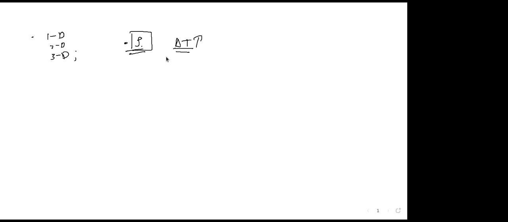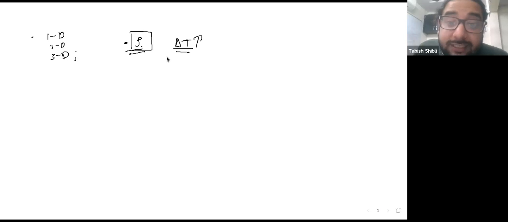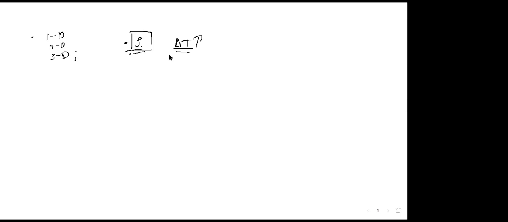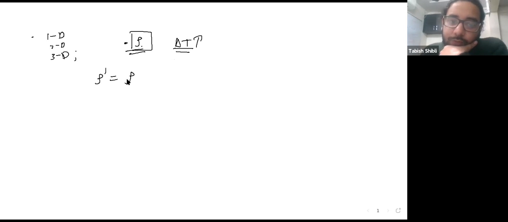So density will decrease. But how? Exact formula. It is m upon v. Absolutely, but exact formula I want: the new density in terms of the old density.